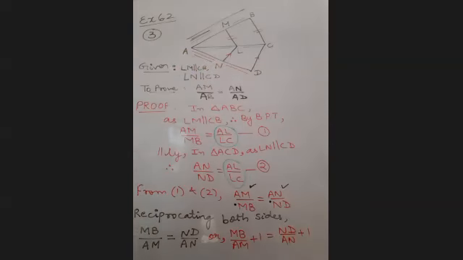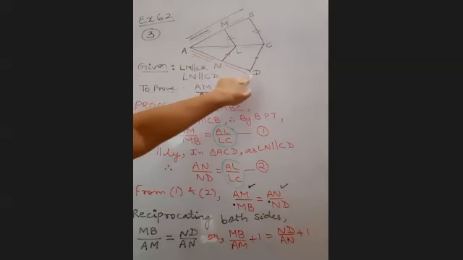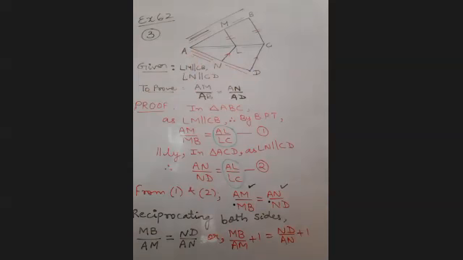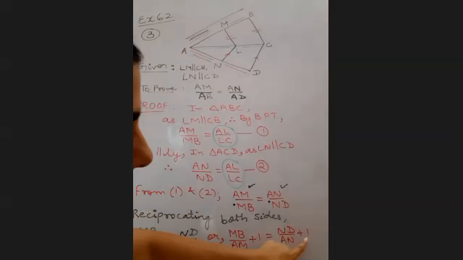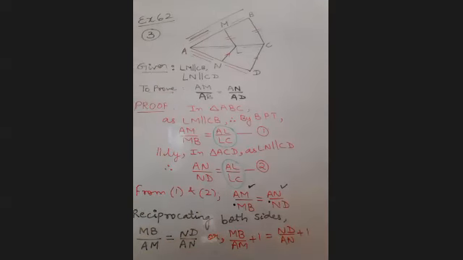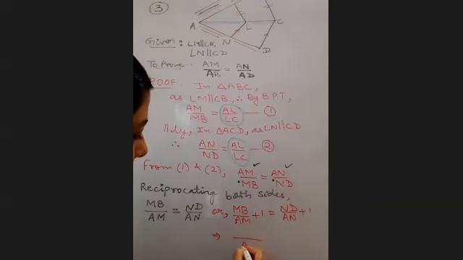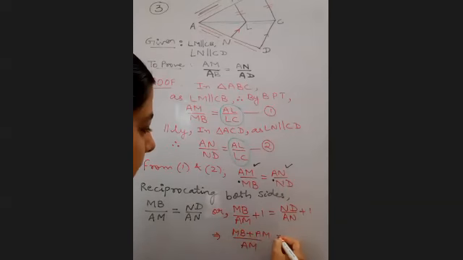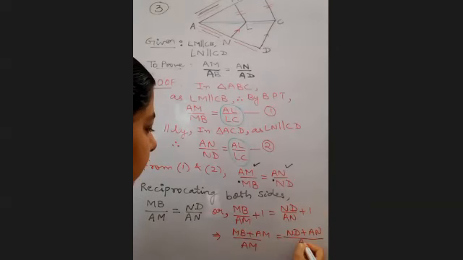I don't want ND but AD. From ND, to get AD, what should be added? AN. So I will be adding 1, because when I take the LCM, AN will come there. So taking the LCM, we get MB plus AM upon AM is equal to ND plus AN upon AN.